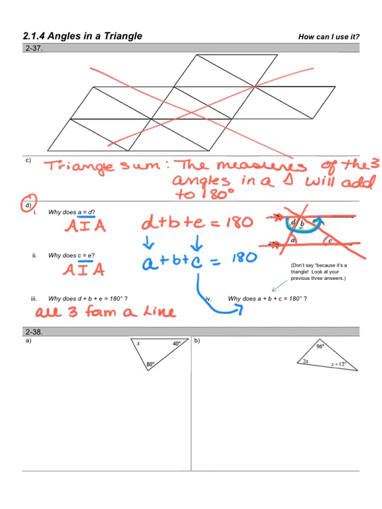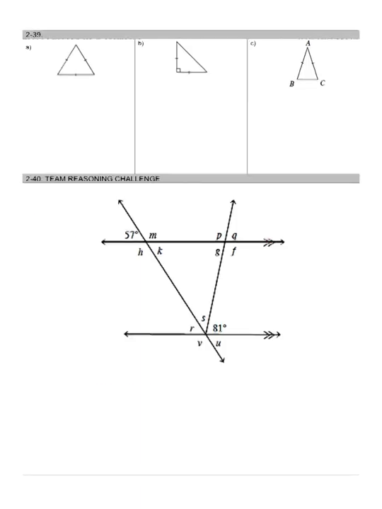For example, this first one, x plus 40 plus 80 should equal 180 degrees, and you're solving for x. You're going to do something similar in problem B as well, and I will let you work on that on your own.